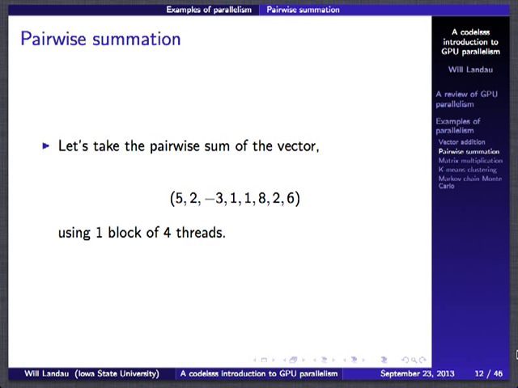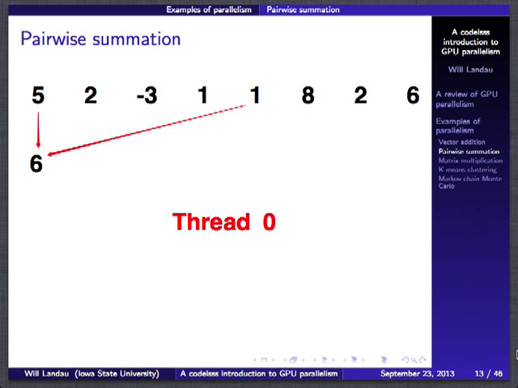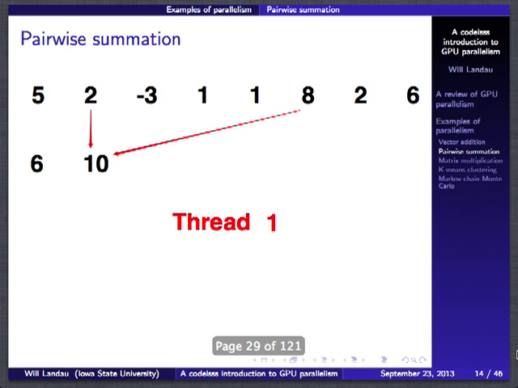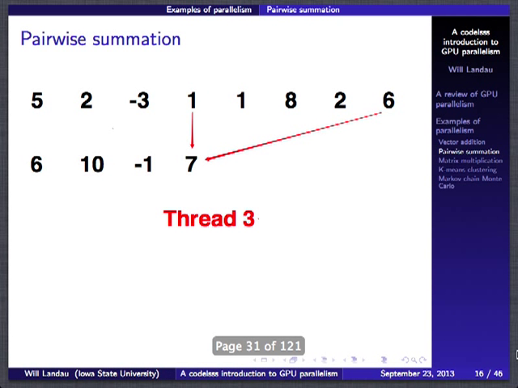So let's consider this vector. I'm going to teach it by example. We're going to use one block of 4 threads to take the pairwise sum of this vector. Thread 0 is going to take these 2 numbers and sum them up. Next thread, these 2 numbers, sum them up. And so on for the next one. The next one takes another pair of numbers and sums them up.